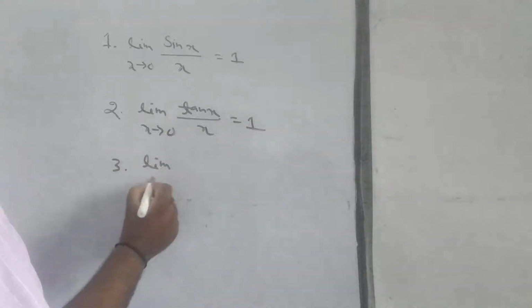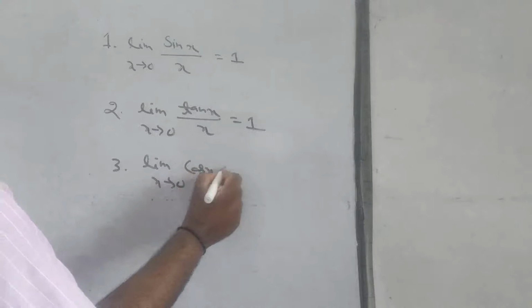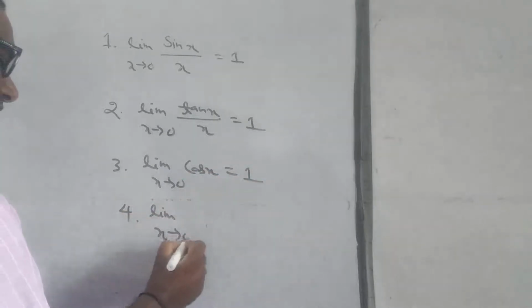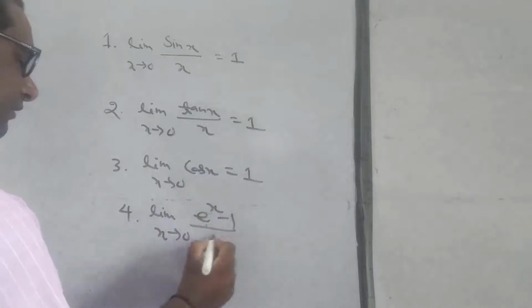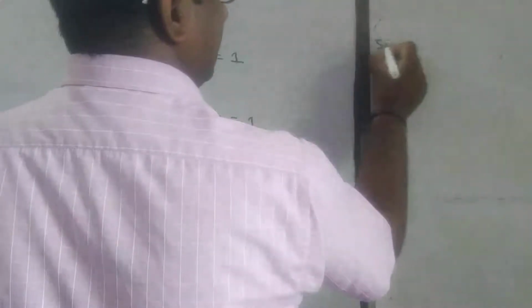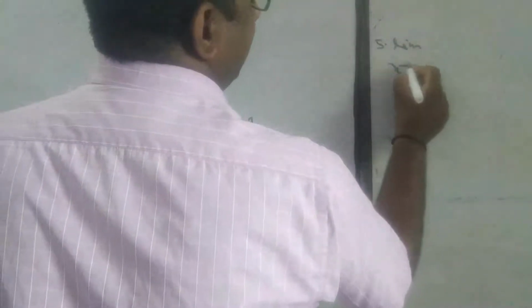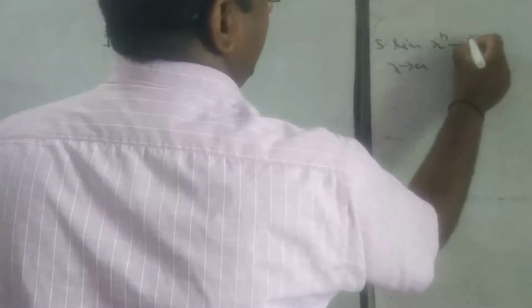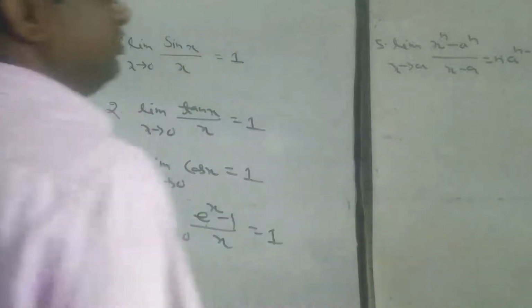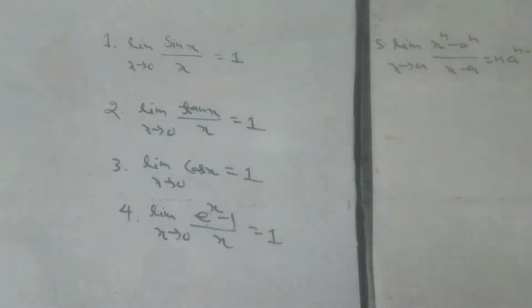Third, limit x tends to 0 cos x is equal to 1. Fourth, limit x tends to 0 (e to the power x minus 1) by x is equal to 1. Fifth, limit x tends to a (x to the power n minus a to the power n) upon (x minus a) is equal to n into a to the power n minus 1. So these are the basic formulas of limit which you require while solving questions of continuity of a function.